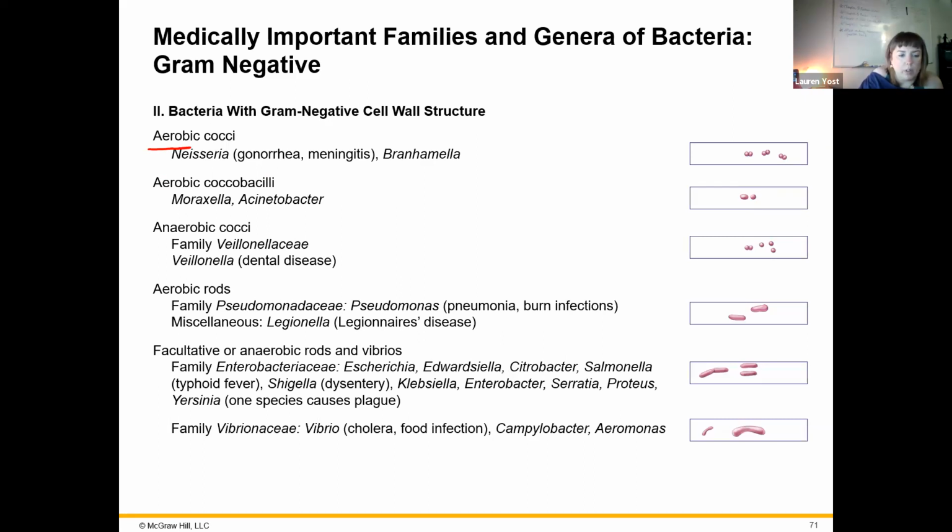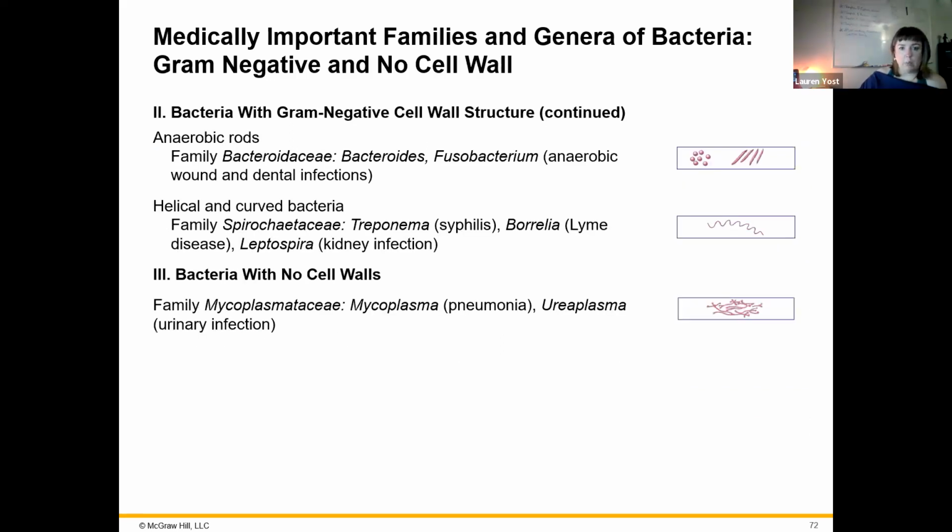I was going to look at the anaerobic. There we go. Rods. That's what I want to look at. If they're anaerobic rods, maybe it's Yersinia, which would be Yersinia pestis, which causes the plague or something like that. You just break it down based on their characteristics and are able to categorize them.